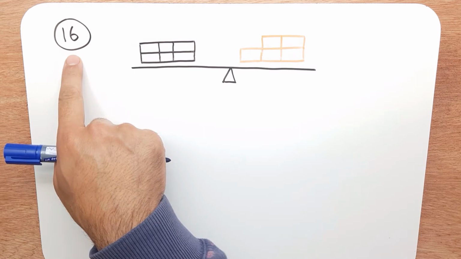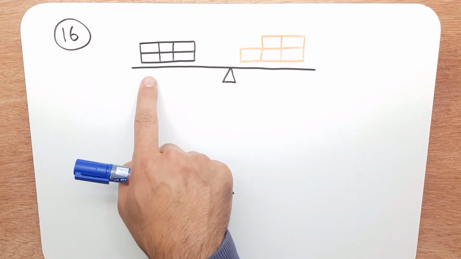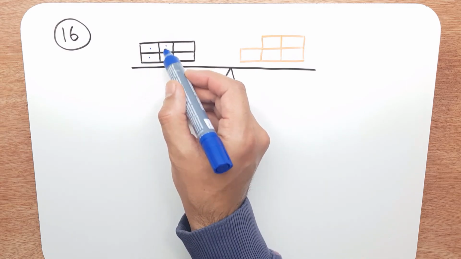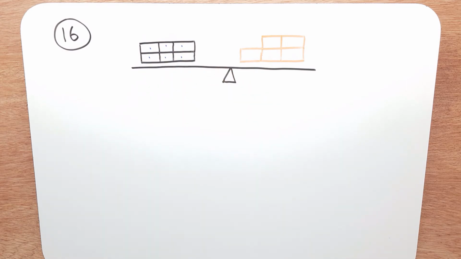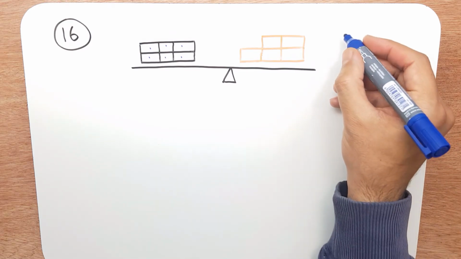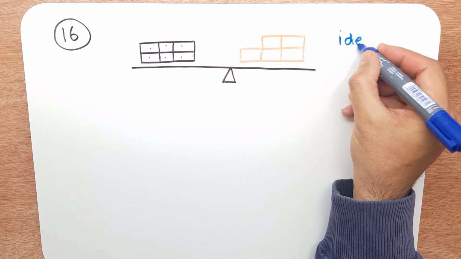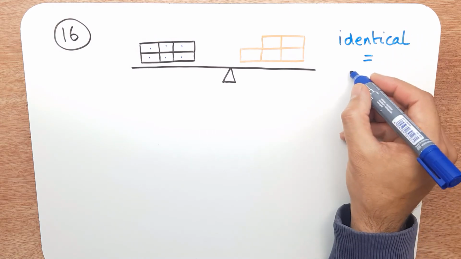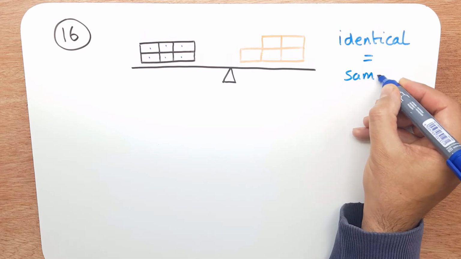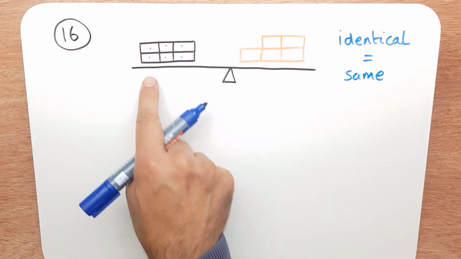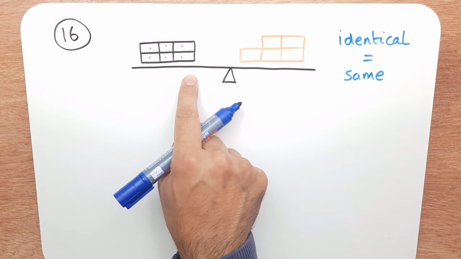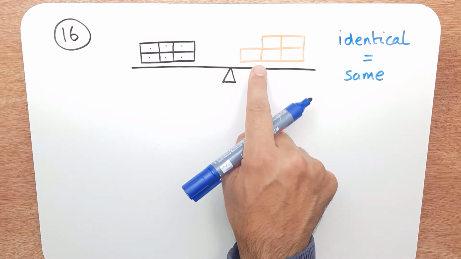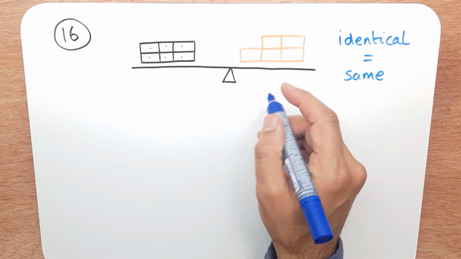In question 16, we're told that 6 identical bricks, 1, 2, 3, 4, 5, 6. They are identical. All that means is that they're all exactly the same. We have 6 identical bricks here, and on this balance they weigh the same as these 5 large identical bricks.